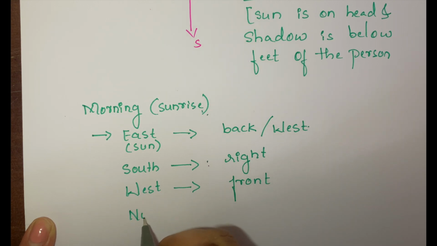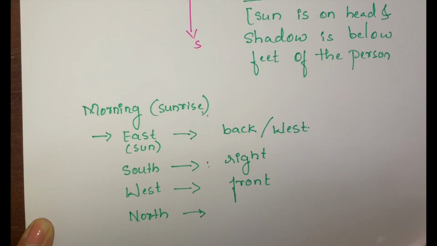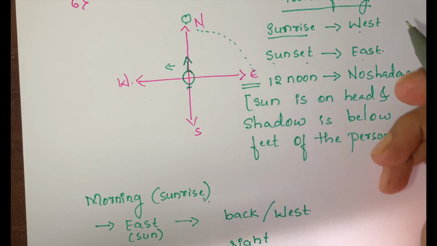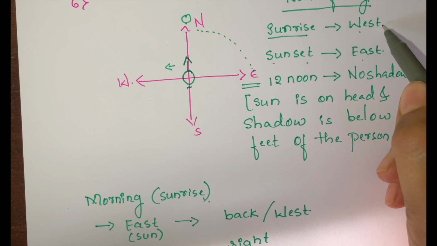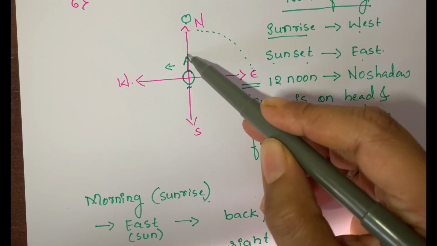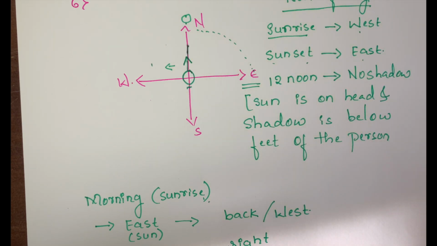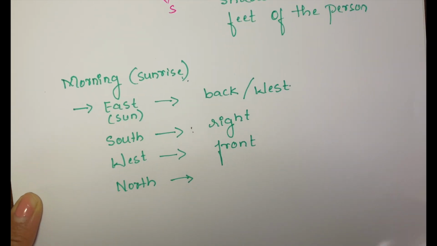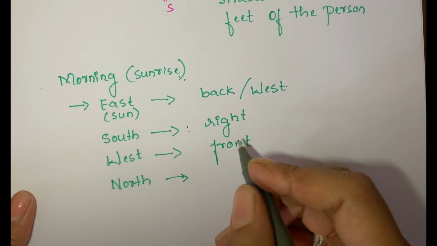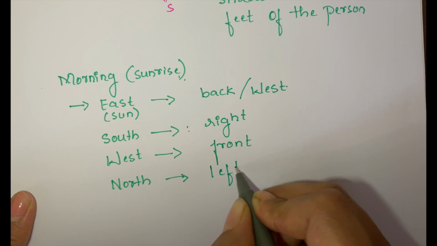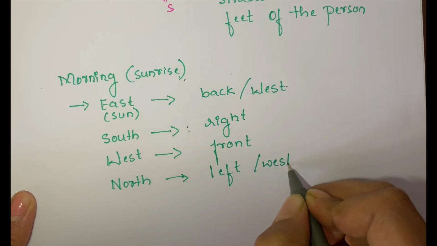If the person is north facing, the shadow will be at the west, and since left of him is the west, you can write it as left or west.